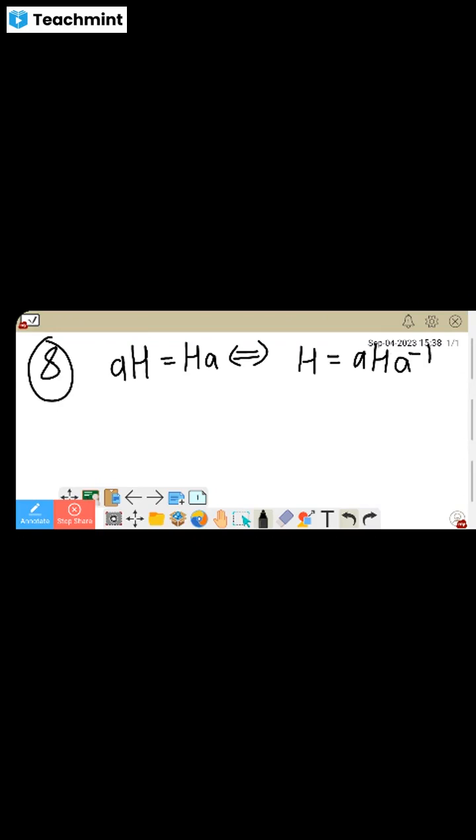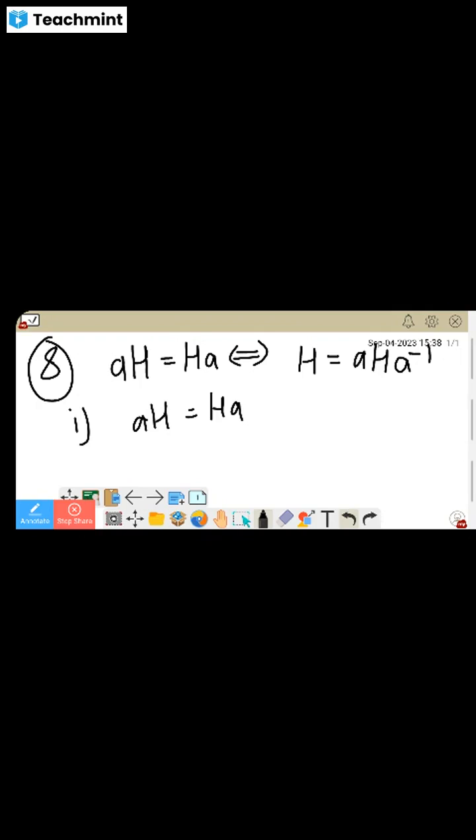Firstly, we need to take aH is equal to Ha to give H is equal to aHa inverse, and conversely.